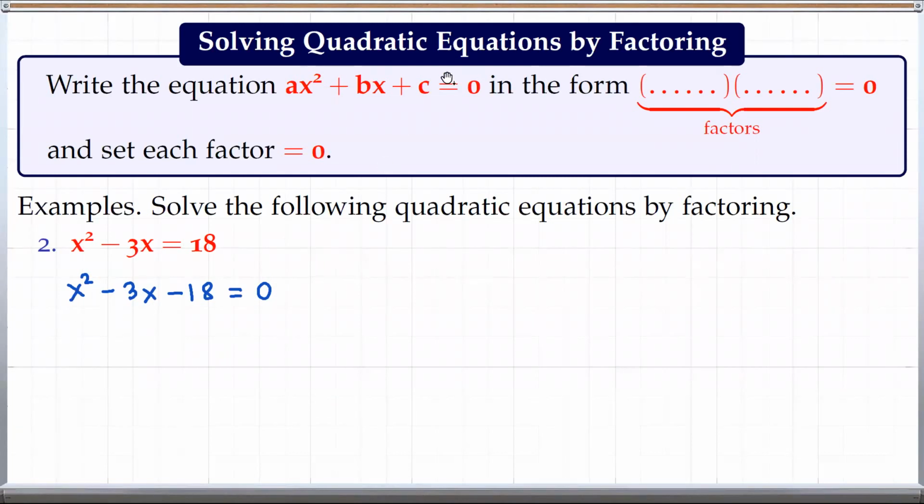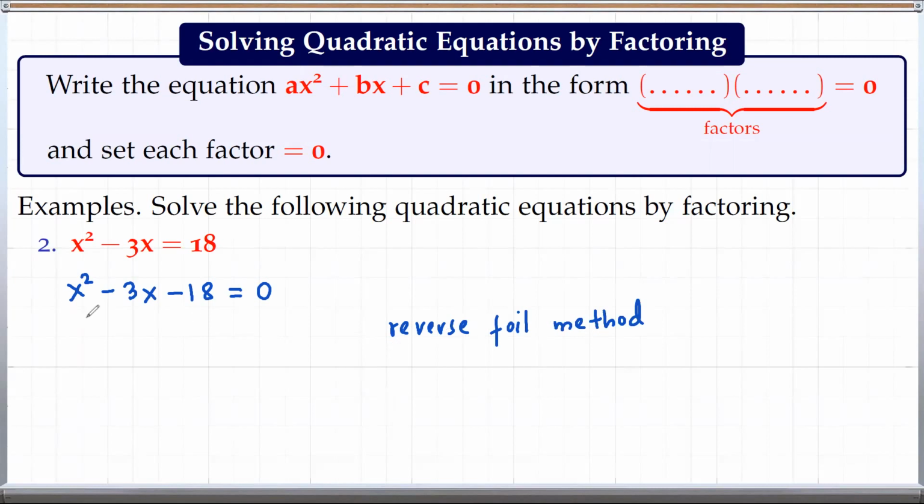Now there are various methods to factor a trinomial like this one. So here, let's just use the reverse FOIL method. There are other methods like the box method, and you can find links to different methods of factoring in the description below.